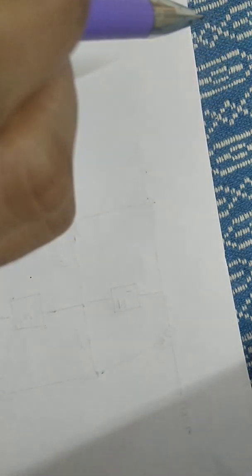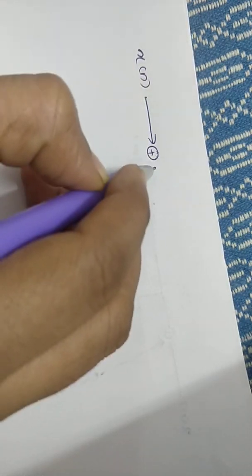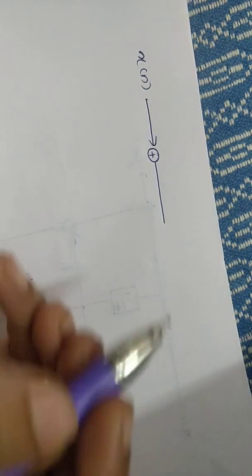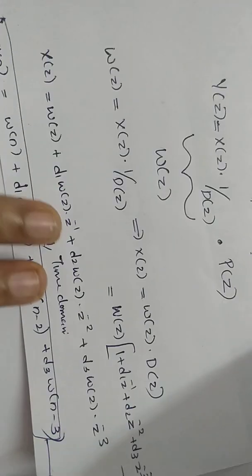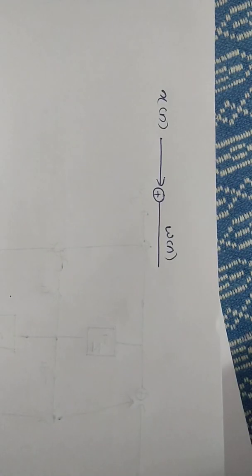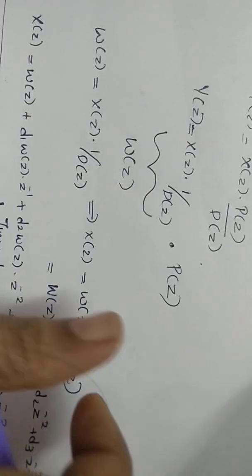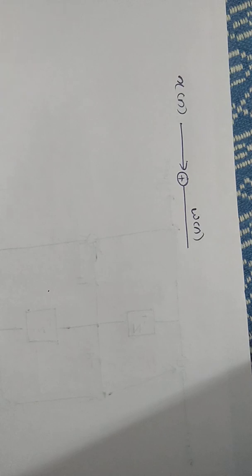How to draw the structure? First, x of n is provided. There is an adder also needed. The output is, sorry, w of n. x of n is always the input, and I am taking the output as w of n. I need w of n minus 1. So the delay term is connected to the w of n.